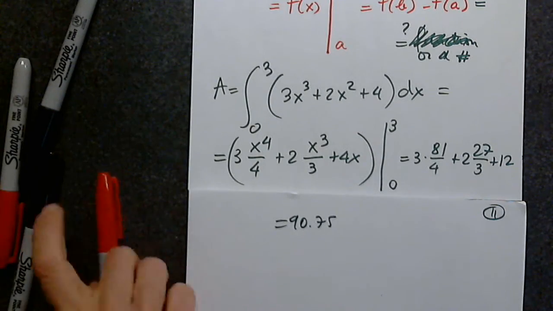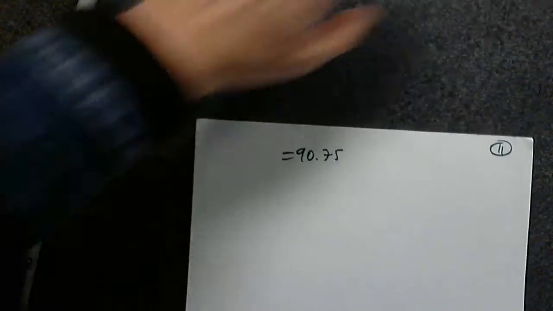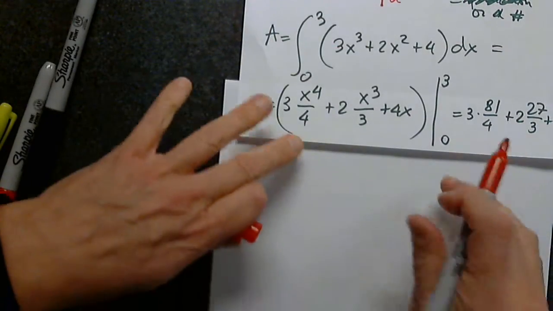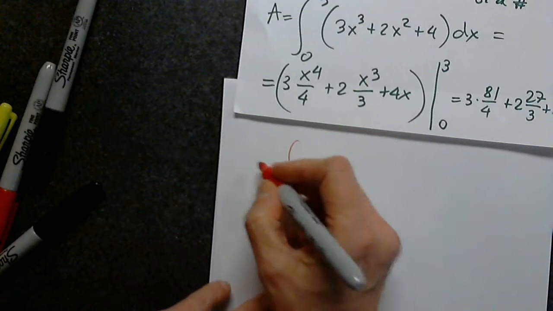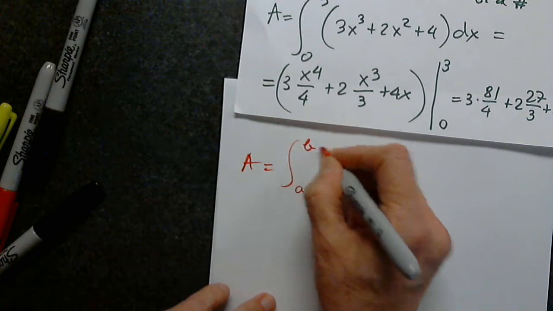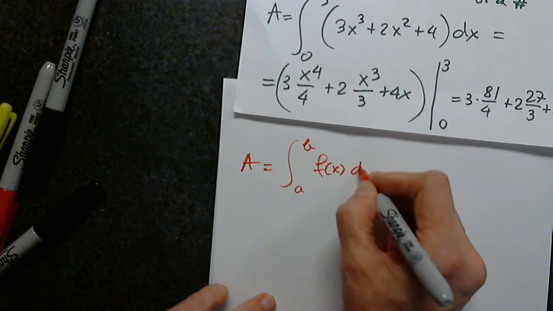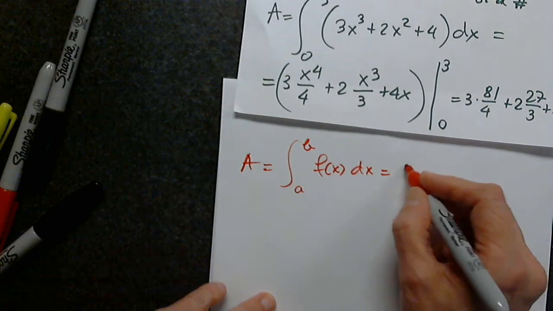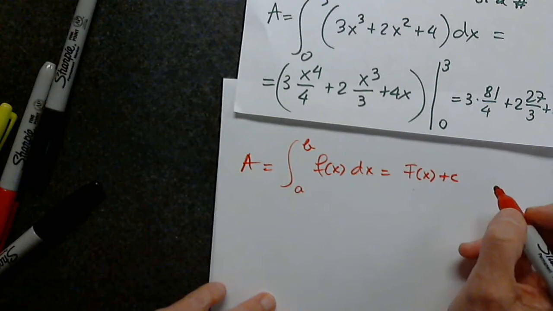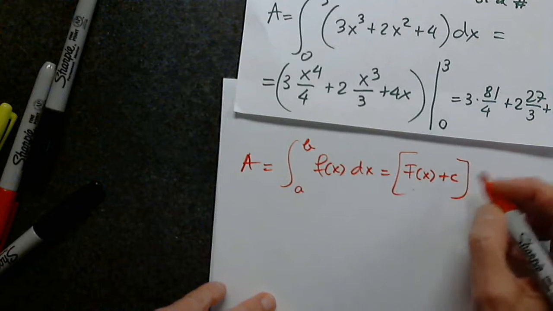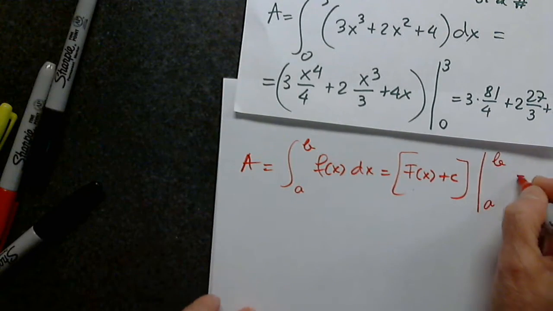Awesome question. Very good. So the integral, the area, the integral from a to b of f of x dx is F of x plus c, correct? Yes? From a to b.